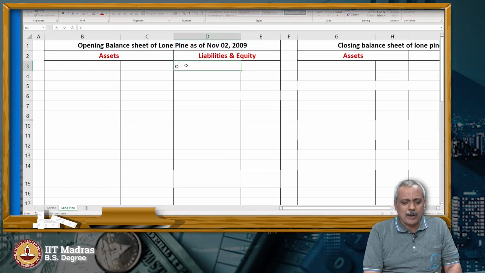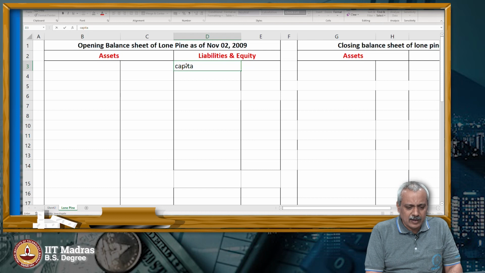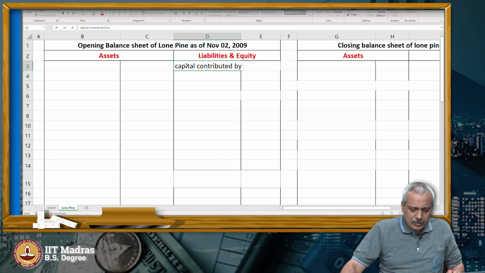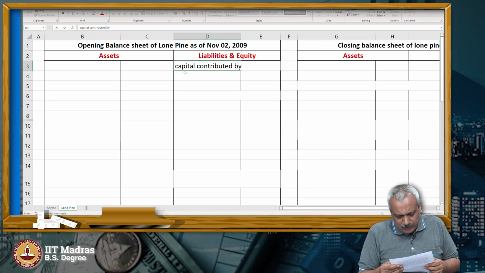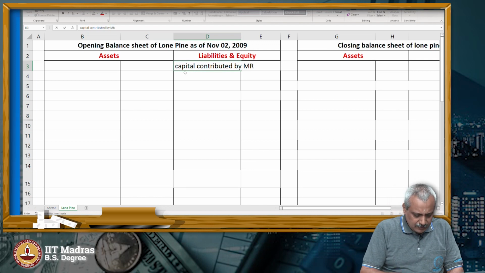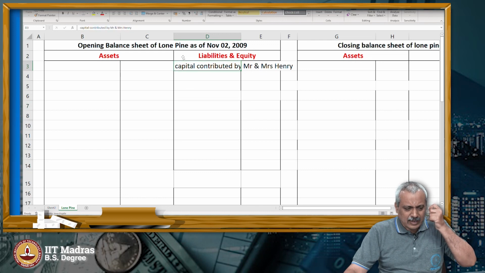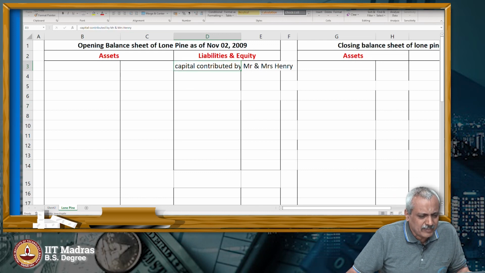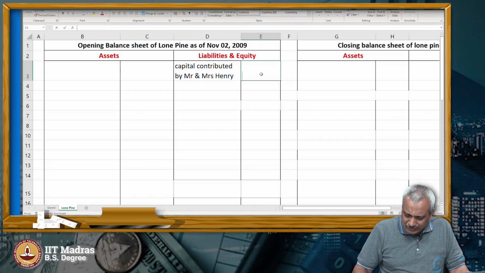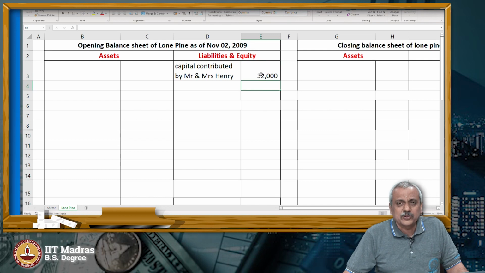So, what is the capital? Capital by Mr. and Mrs. Henry: they have contributed $16,000 each, and the two of them, so that is about $32,000 contributed as capital.